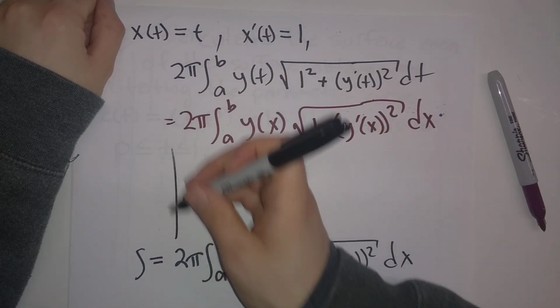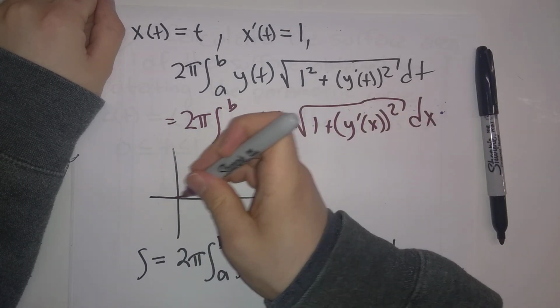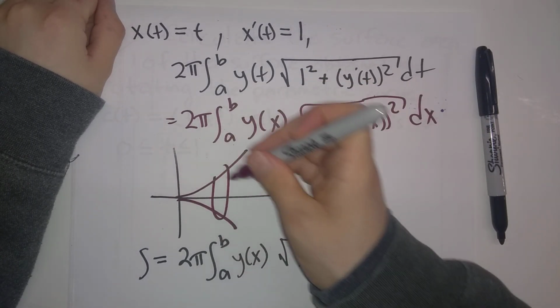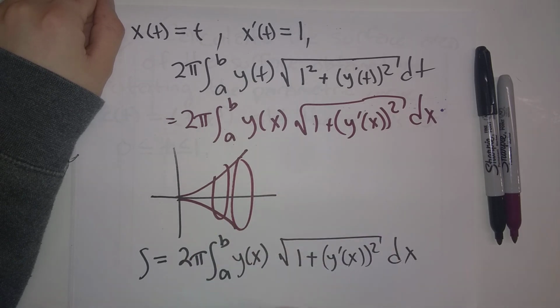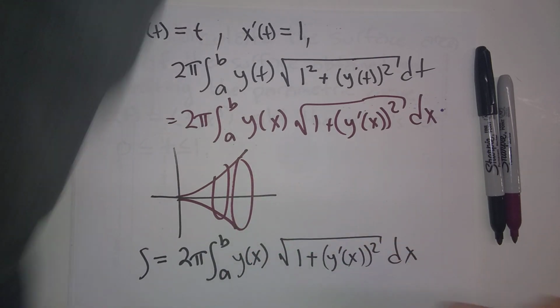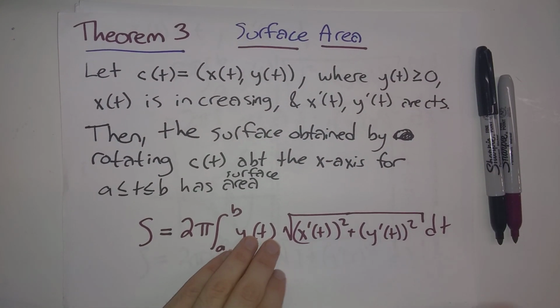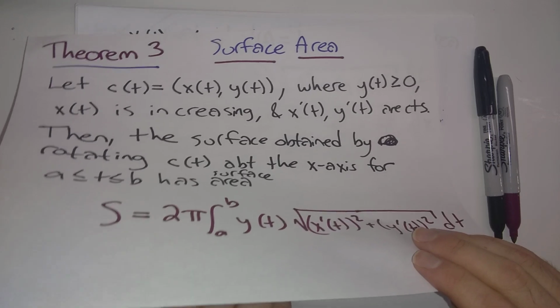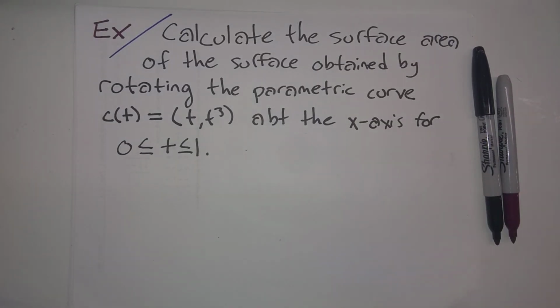So now we're going to start doing something that looks like this. Same thing as before: here's a parametrically defined curve, we'll rotate it around, and let's find the surface area. Okay, let's do an example of this. Calculate the surface area of the surface obtained by rotating the parametric curve C of t equals t, comma, t cubed, about the x-axis for t between 0 and 1.